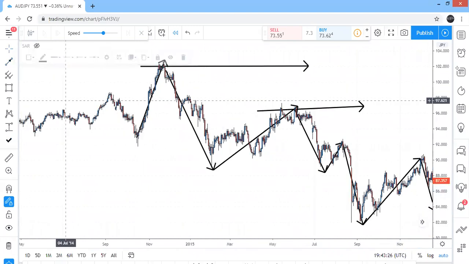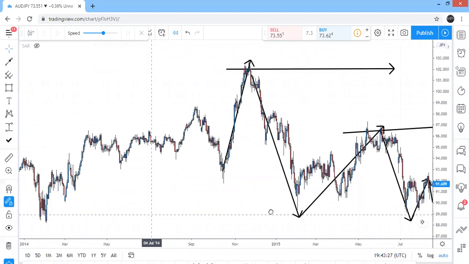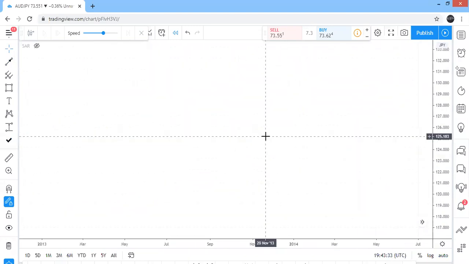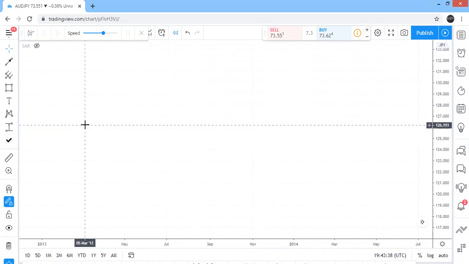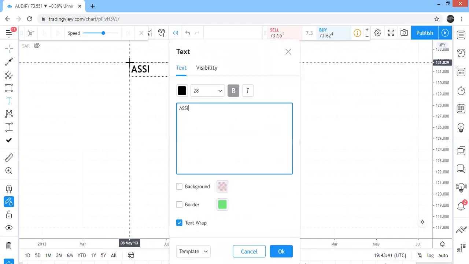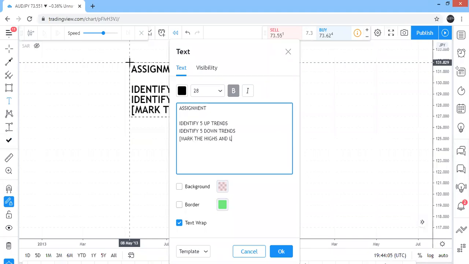So what is your task for tonight going into tomorrow, where tomorrow we get to identify strategies that we have tailored for range trading and trend trading? Assignment done. Identify 5 uptrends. Identify 5 downtrends. Mark the highs and lows.